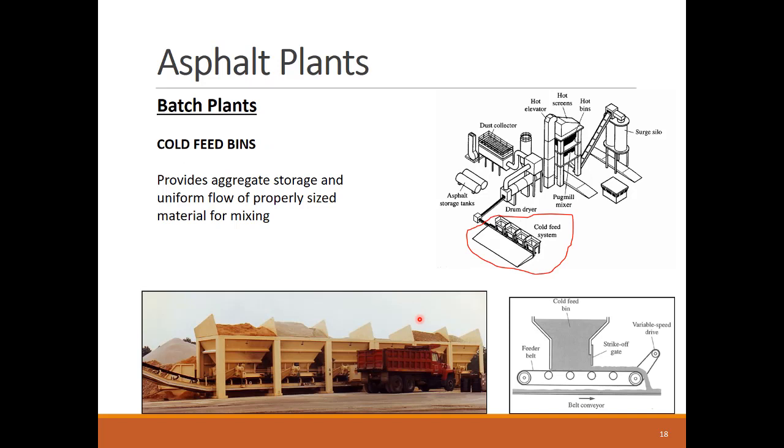The cold feed bins hold the different coarse, medium, and fine aggregates that are ready to be mixed according to the mix design. A belt conveyor runs under the bins to collect the aggregate from the different bins from below and delivers them to the drum dryer.